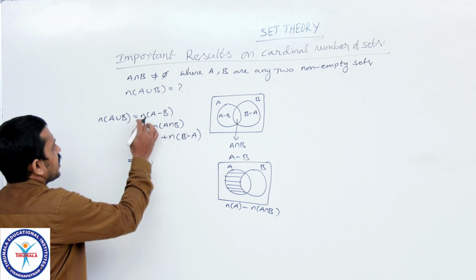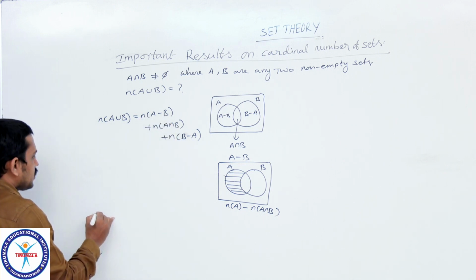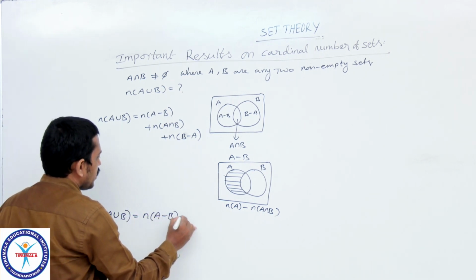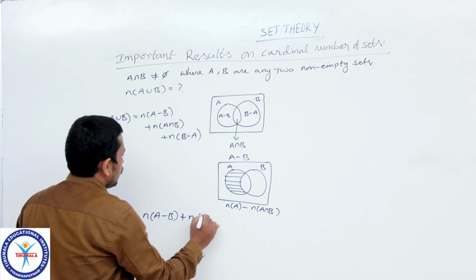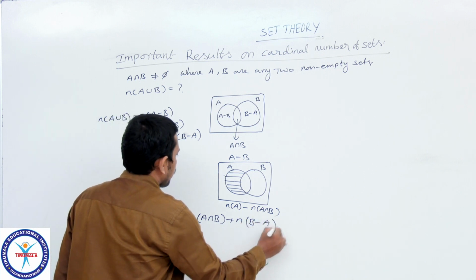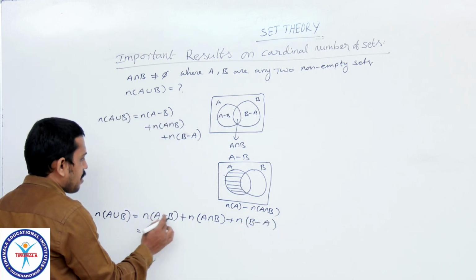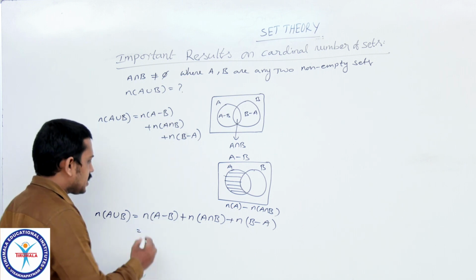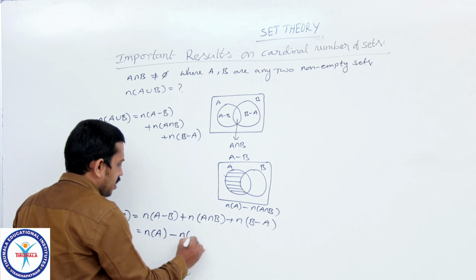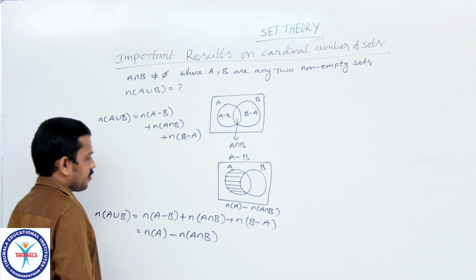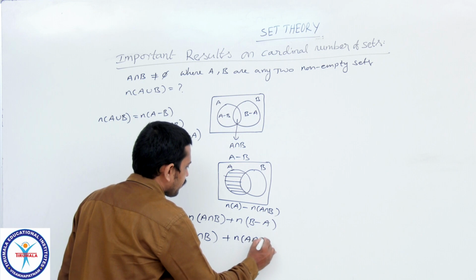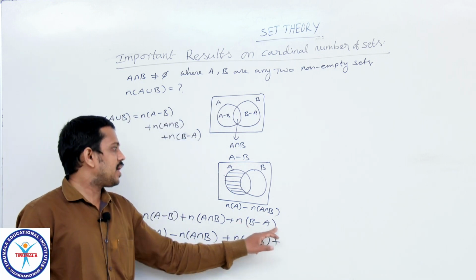So, from this we can write n of A union B is equal to n of A minus B plus n of A intersection B plus n of B minus A. Here n of A minus B is the total number of elements in set A minus the number of elements common to both A and B, plus n of A intersection B, plus n of B minus A. What is n of B minus A?